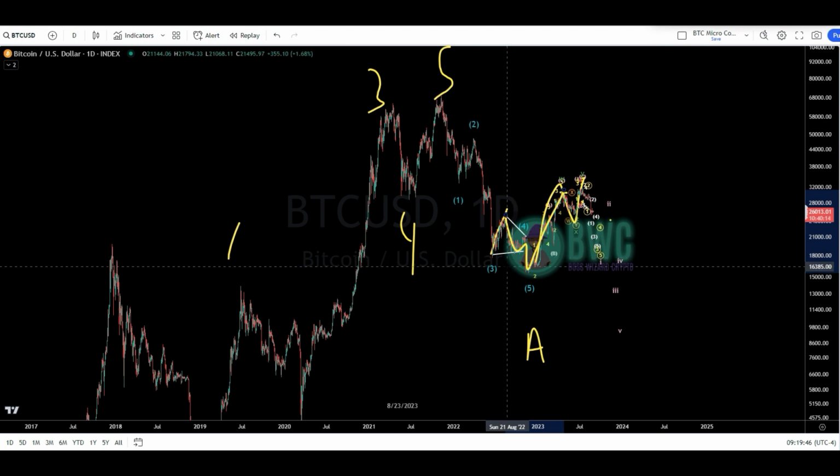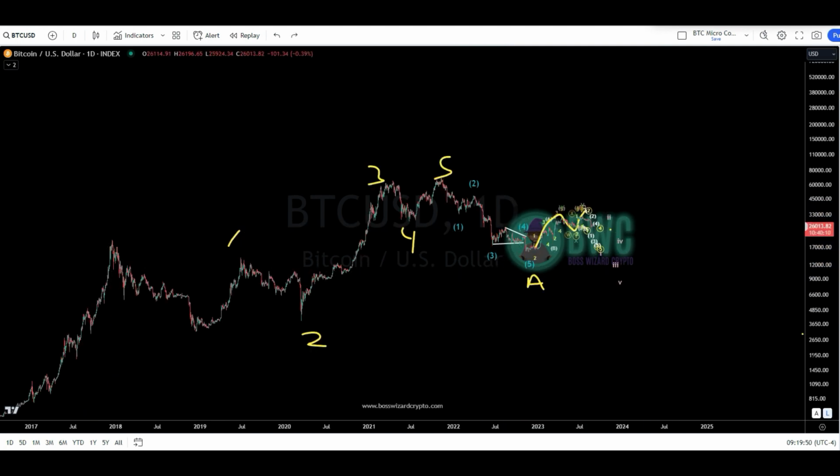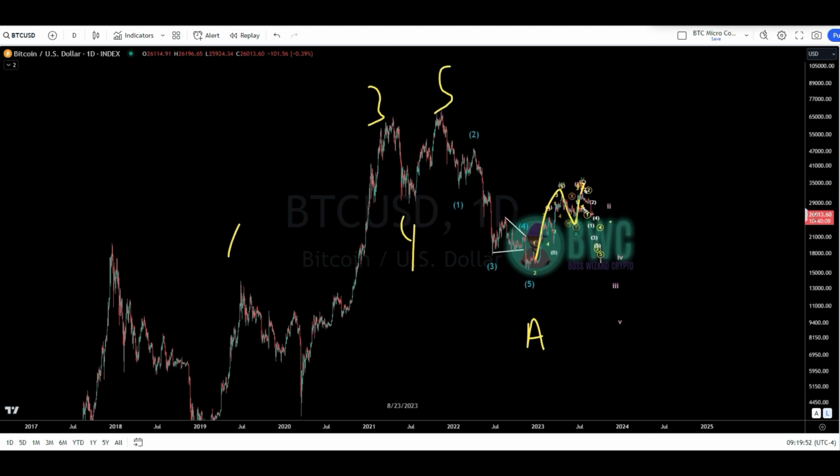But again, like I said, here's my rule, and I talked about it in S&P 500. If I can isolate a valid impulse, which I can, that's always going to be my bedrock. This 5 down is a textbook description, right?